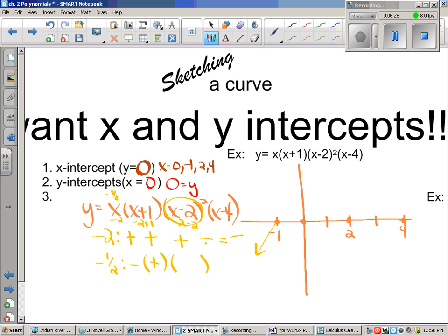How about -1/2 minus 2? Well, that would be negative, but you square it and it becomes positive. And -1/2 minus 4 is still negative. Again, two negatives make a positive. So overall, this is positive times positive times positive times positive. Overall, that part of the graph is positive. So all that means is I'm going to do a bump connecting these two points up.